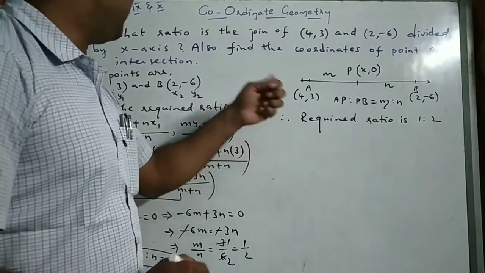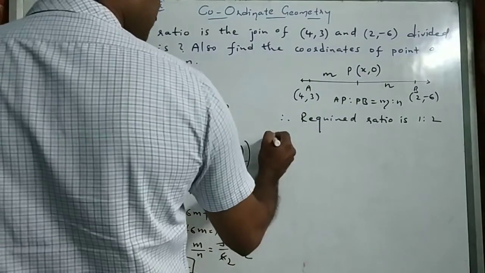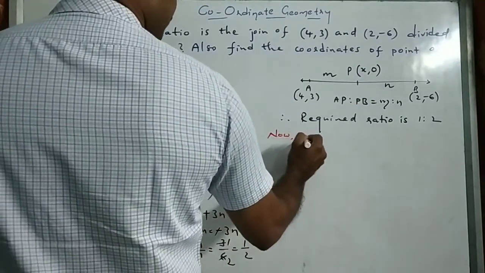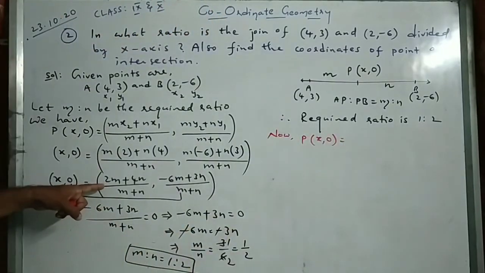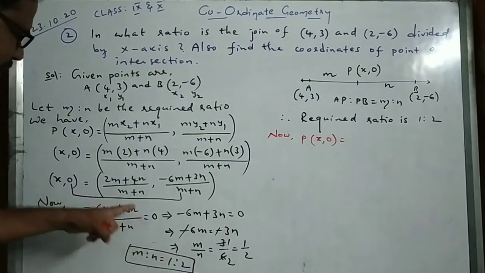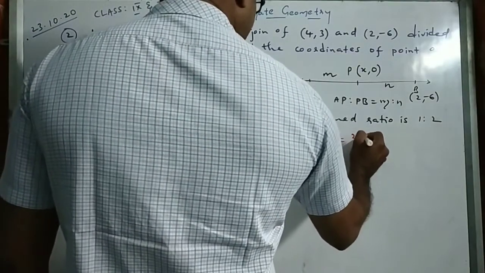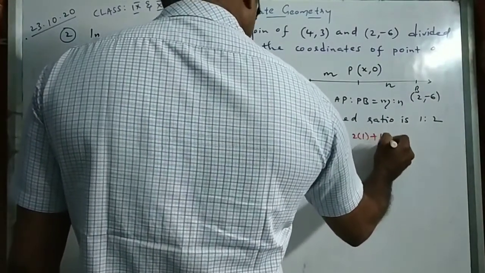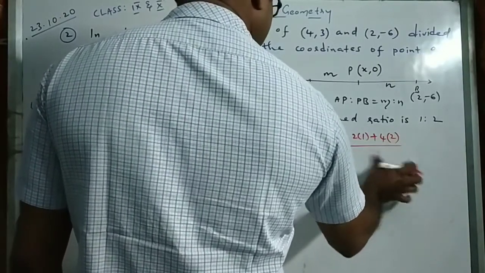Find the coordinates of the point of intersection also, means P of (x, 0) we should find. Now P of (x, 0) equal to, what is the x coordinate here? (2m plus 4n) by (m plus n). In the place of m put 1, in the place of n put 2. So 2 into 1 plus 4 into 2 upon 1 plus 2.